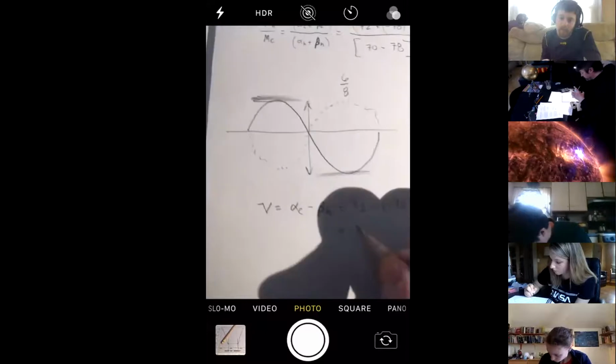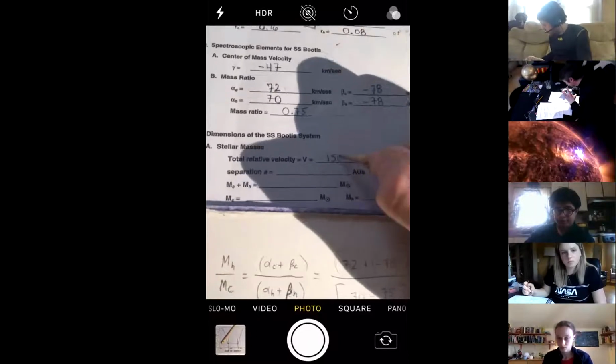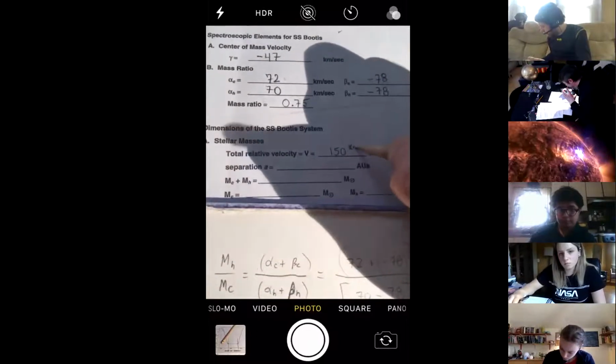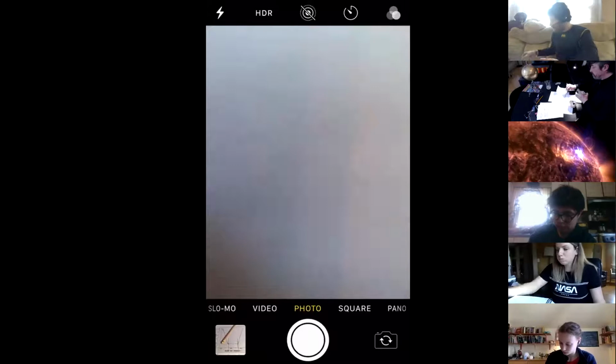You guys follow that logic there? Maybe that might have been a little fast and loose for y'all. I want to sample the curve at its maximum and minimum peak, in kilometers per second. Now it's time to get our semi-major axis using our legendary binary star formula.